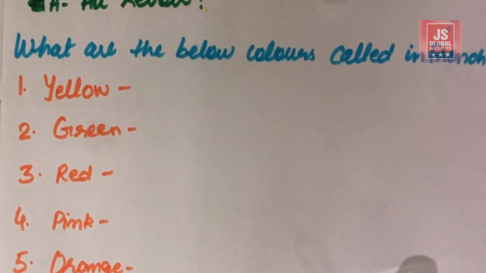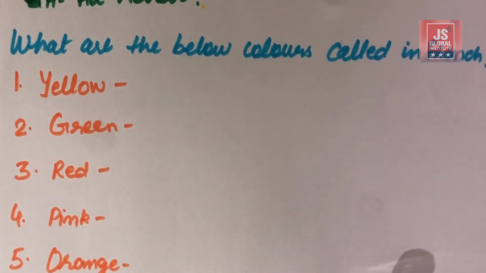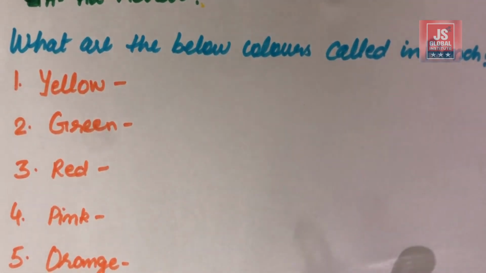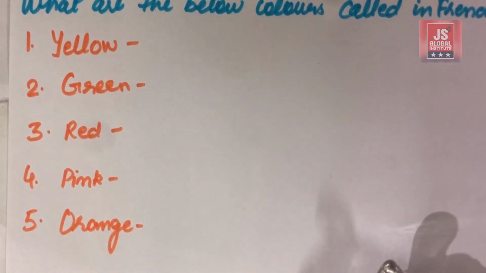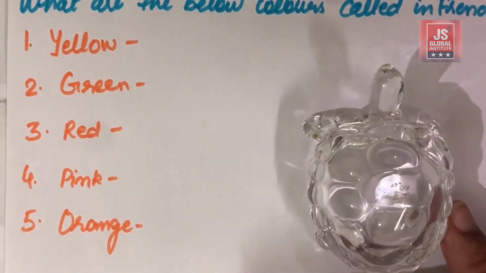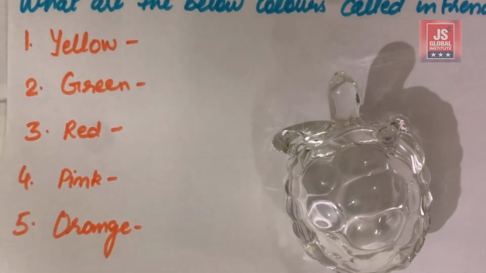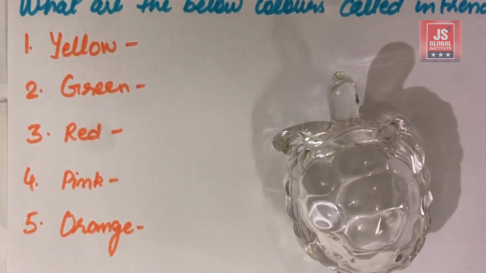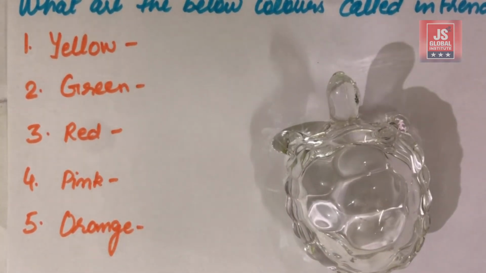This is a small exercise. What are the below colors called in French? These are the 5 parts and you have to answer them. You will be given a minute to solve them along with the pronunciation. Alright, so your time starts now.